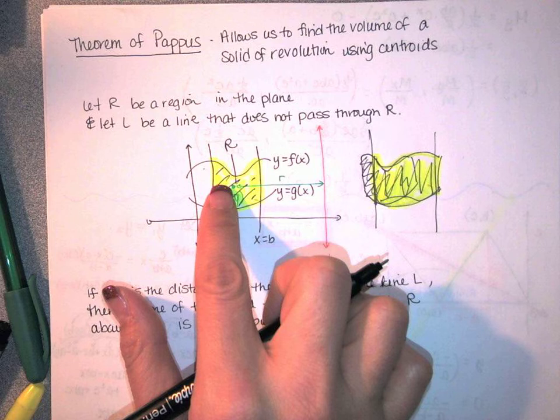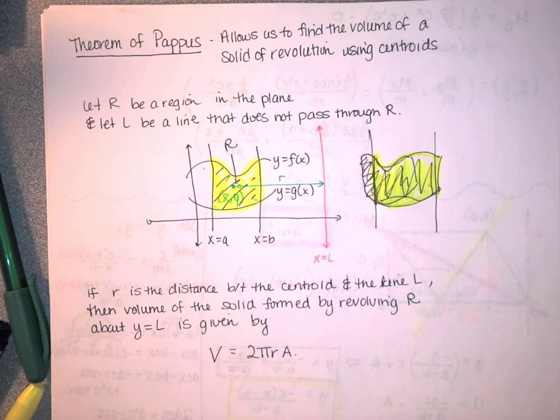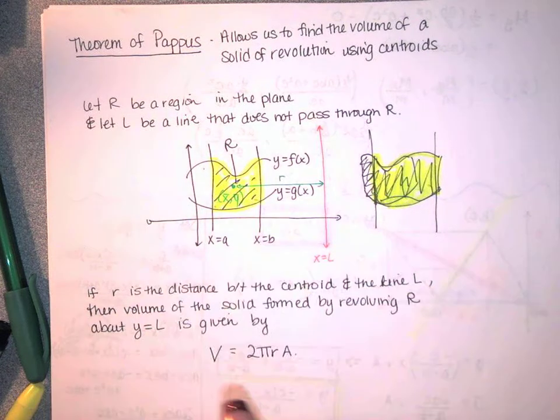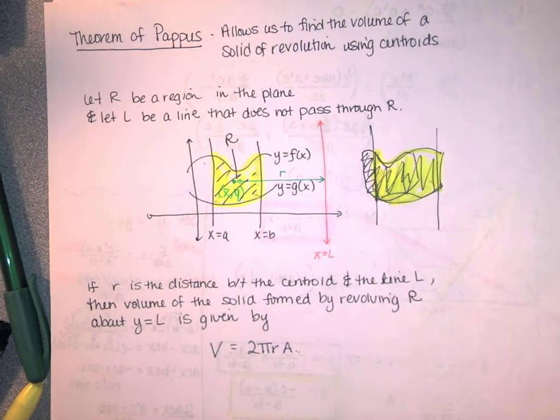So it's as if all of your mass is concentrated at that point, and we revolve it around, and then we say, okay, I'm just taking this area and I'm going through this distance. Well, what's the volume? It's going to be that. Okay, so that's the Theorem of Pappus.